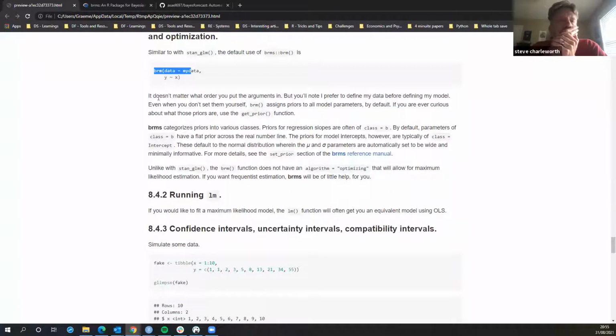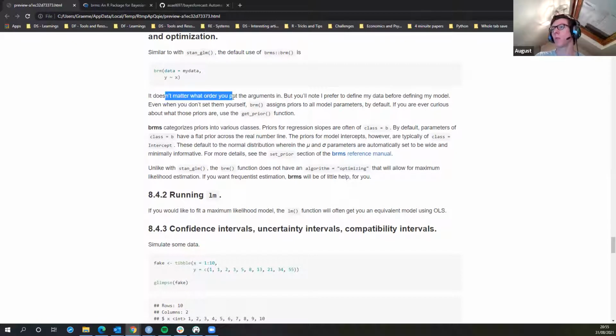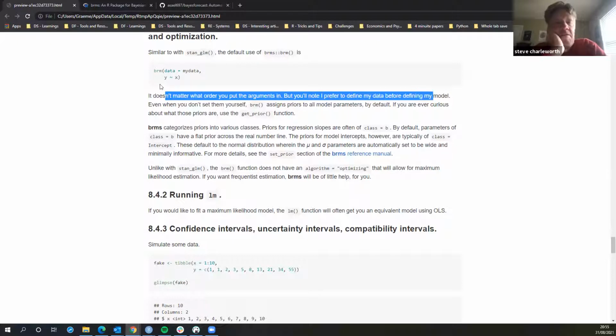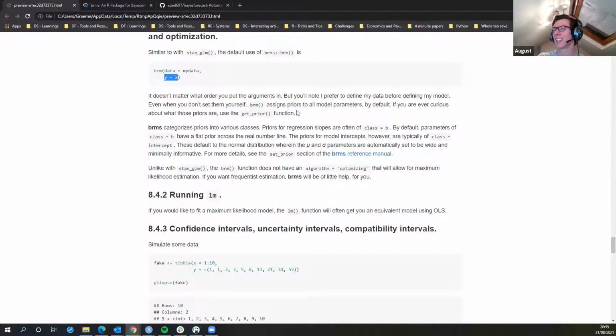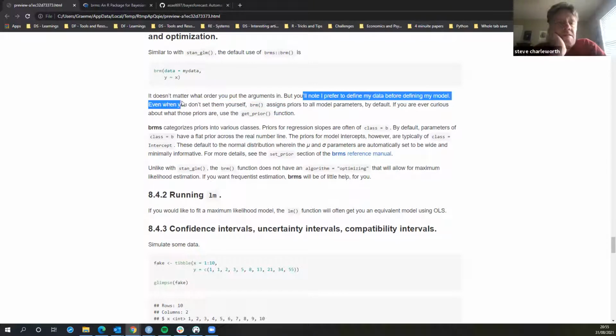Yeah, probably. Maybe it does. I don't know. We could try. It doesn't matter what order you put the arguments in, does it? You'll notice I prefer to define my data before defining my model. Oh yeah, because he's just using X and Y. Okay. Makes sense.